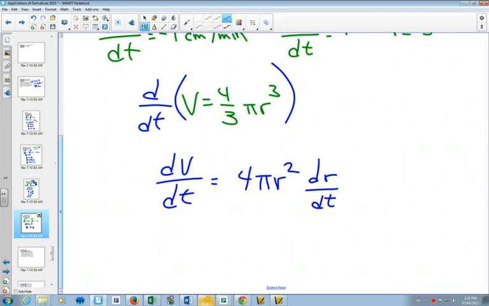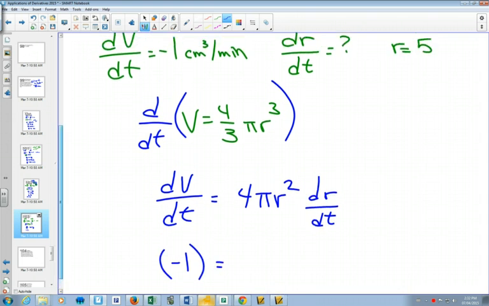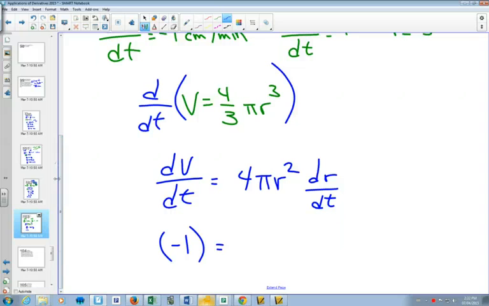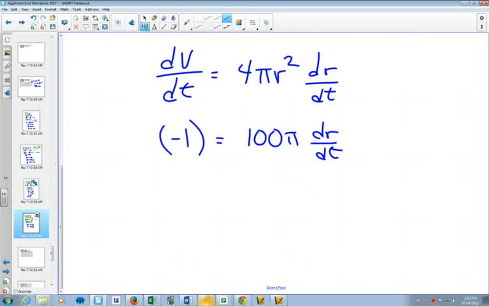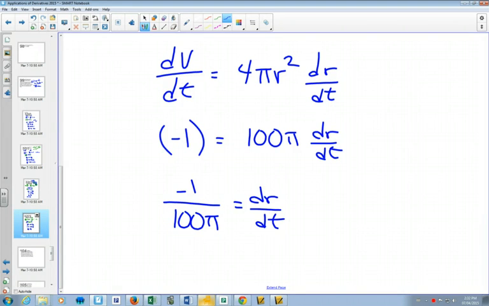And dV/dt is -1. We're finding it when the radius is 5. 5 squared would be 25 times 4 is 100 pi dr/dt.